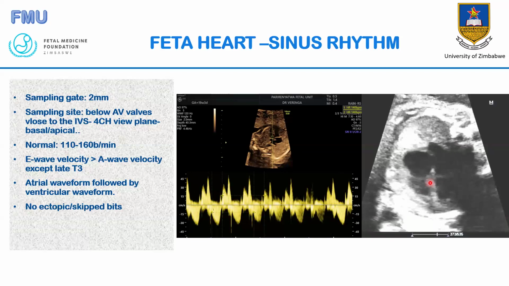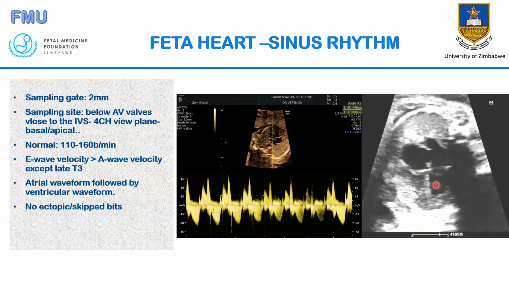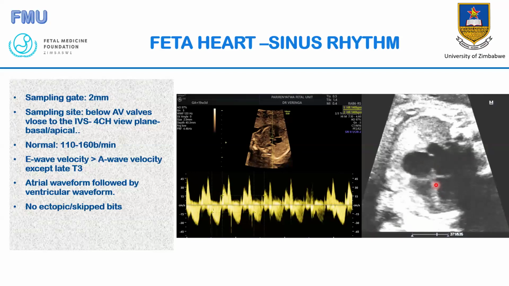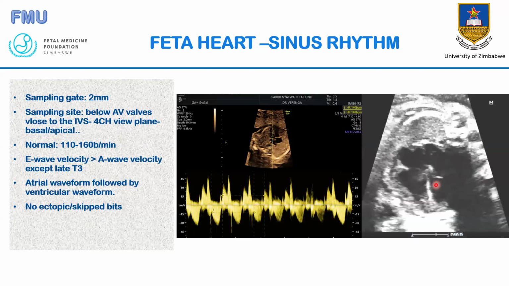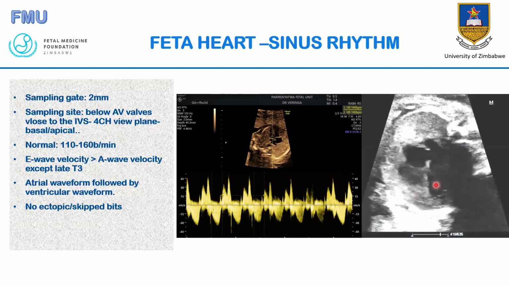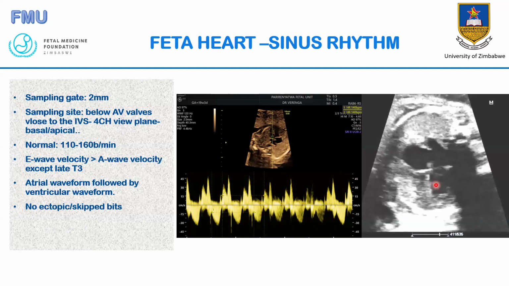so that you can capture both the inward and the outward flow. What are you going to capture on the inward? You are going to capture the filling of the ventricles. Then on the outer part, you are going to capture the emptying of the ventricles.